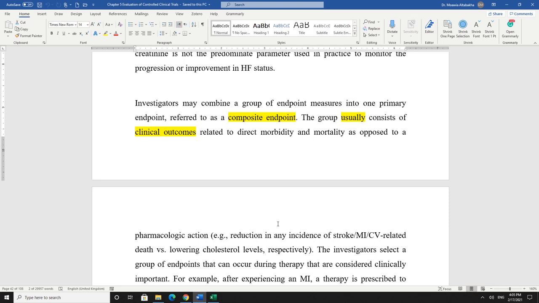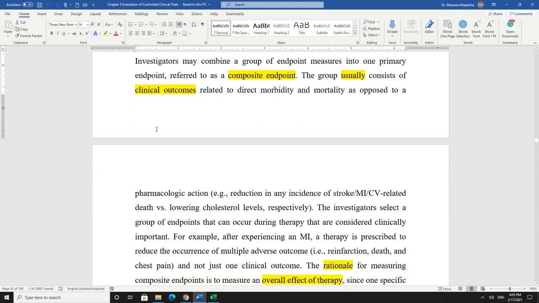This composite endpoint usually, and this is very important, pay attention, consists of clinical outcomes. Now, you need to understand what I mean by the term clinical outcome. Clinical outcome means things like: did this occur or not?